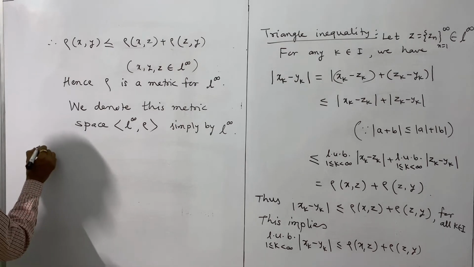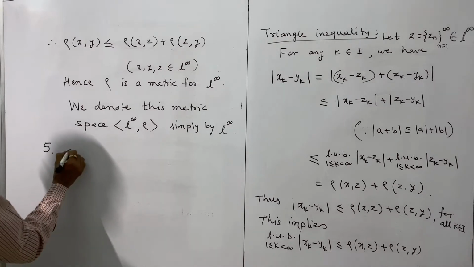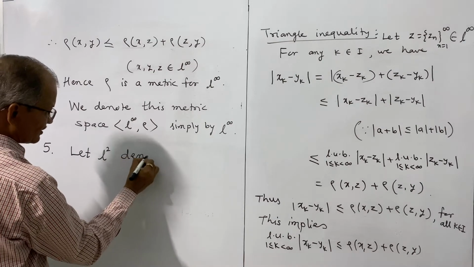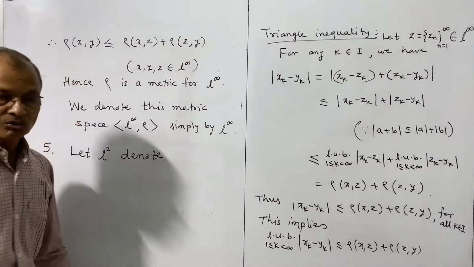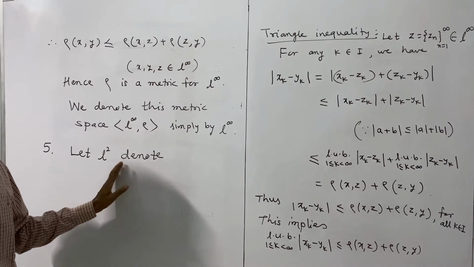Now next we will consider one more example as fifth. Let L2 denote the set of sequences x equal to xn, n takes values 1 to infinity, such that the summation of xn square, n takes values 1 to infinity, is less than infinity, meaning the series is convergent. These are the notations used to specify a particular class of sequences.